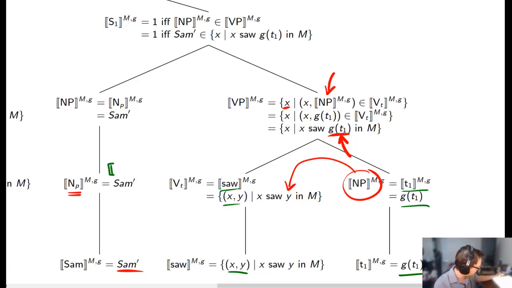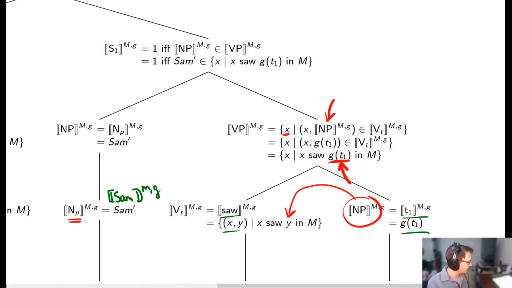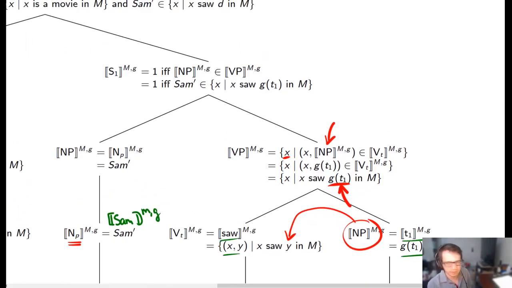I really should have the rule here if I want to have every detail involved. So I should have that there, which is Sam. Then moving up, I have the pronoun to fill the NP. And then the sentence rule again is just the same. It's true if the noun phrase is an element of the verb phrase. So if Sam is an element of the set of x, such that x saw g of t1 in M.